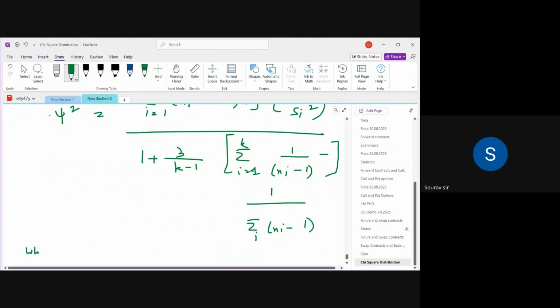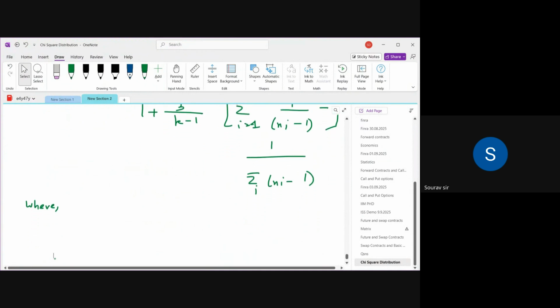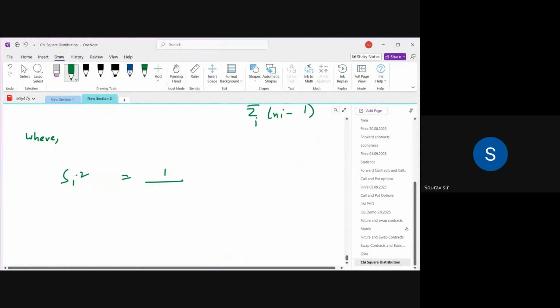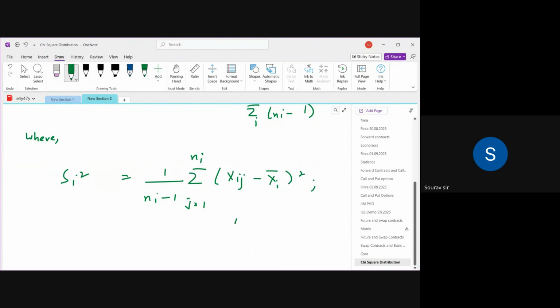So this is the formula, where Si square is 1 by (ni minus 1) times summation of j from 1 to ni of (xij minus xi bar) square, where i is 1, 2 till k.